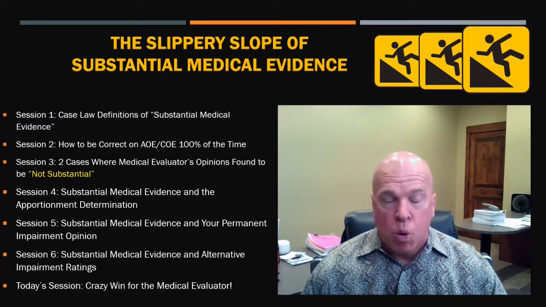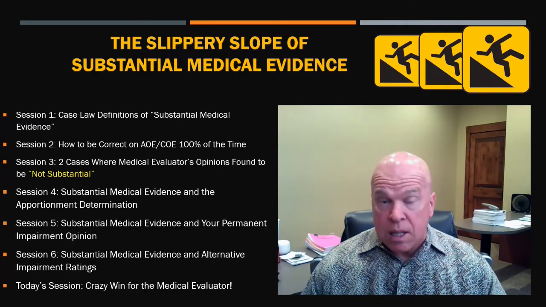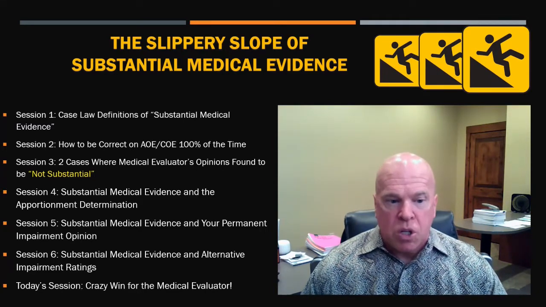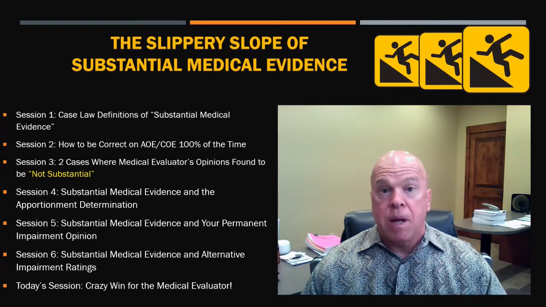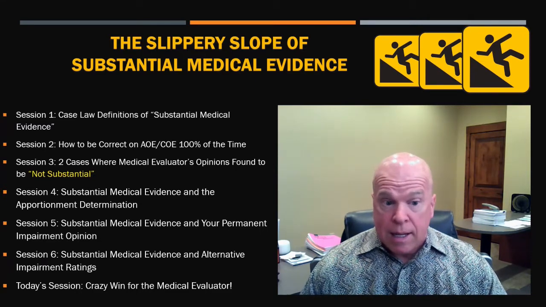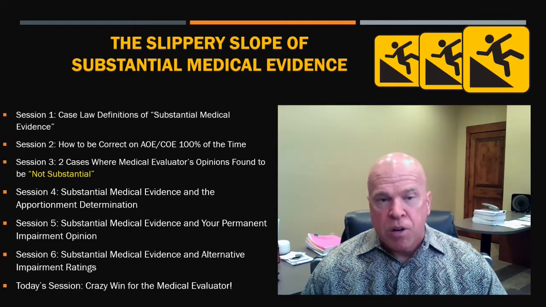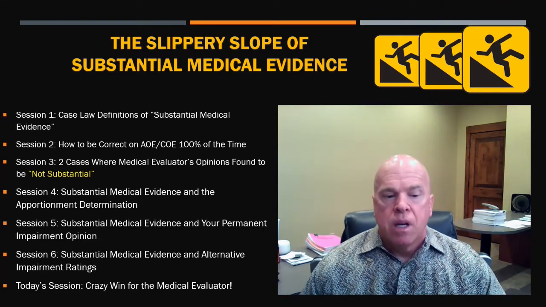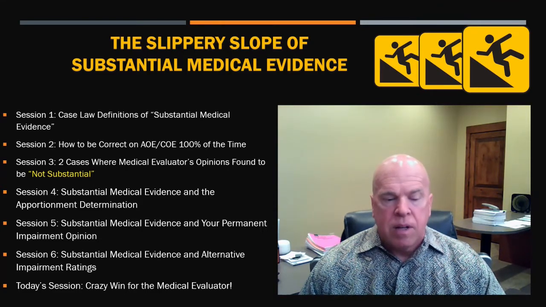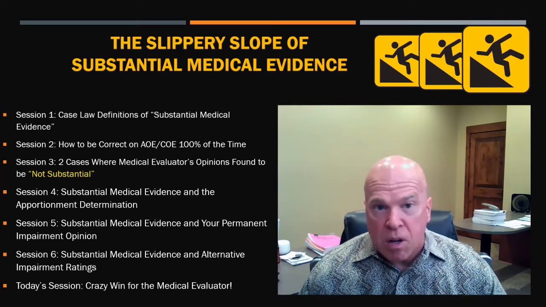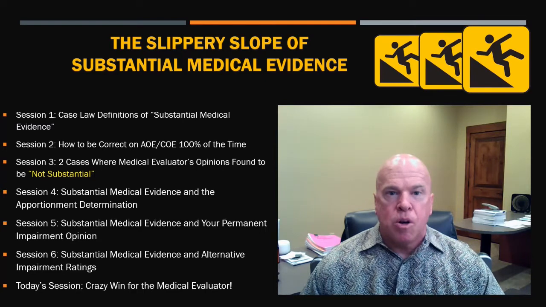In other words, the apportionment determination is intricately linked to your description of the permanent impairment. So that was a valuable lesson that you may be able to take advantage of in your very next evaluation. In session number 5, we talked about, again, substantial medical evidence and your permanent impairment determination.